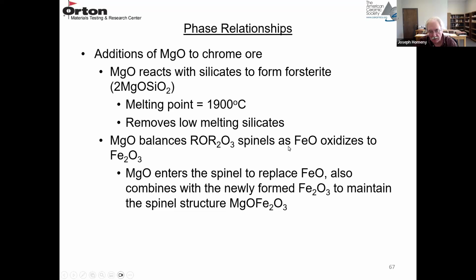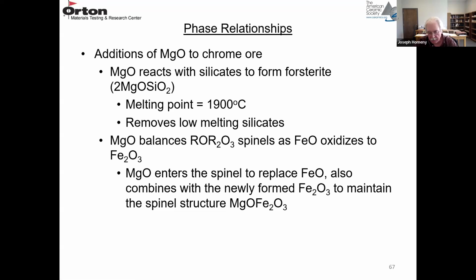So I just showed that as FeO oxidizes to Fe2O3, the MgO that you add reacts with this Fe2O3 to form a spinel. So MgO enters the spinel to replace the FeO. It reacts with the newly formed Fe2O3 and maintains the spinel structure, MgO Fe2O3.